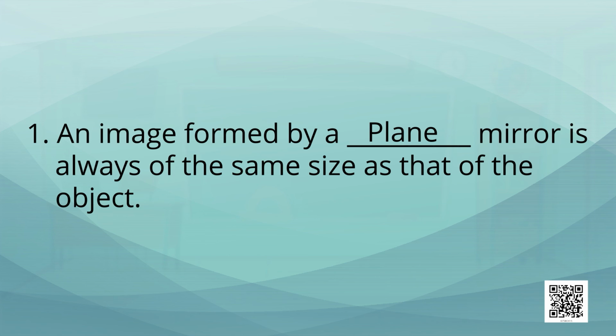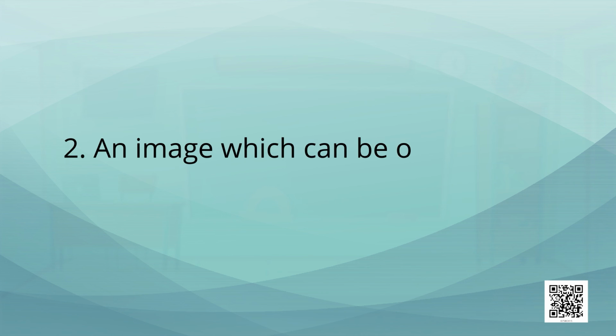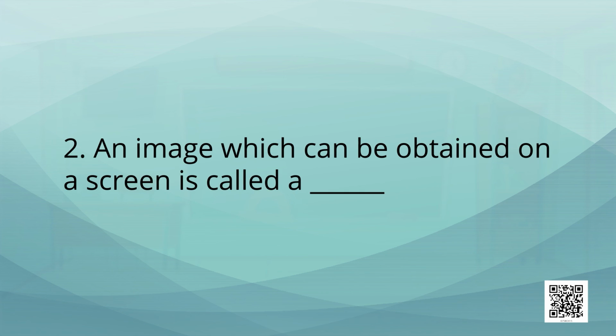Yes, image formed by plane mirror are always of the same size as that of the object. An image that can be obtained on a screen is called dash image. Which type of image? Yes, the images which can be obtained on screen are called real images.